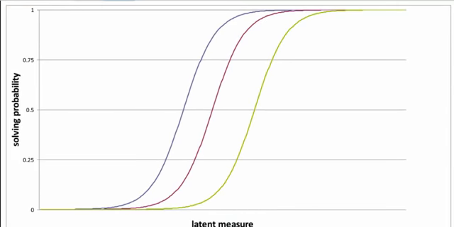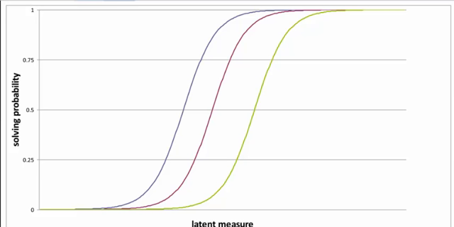And here is another way to describe different items. You can see the latent measure, or latent construct at the bottom axis, the x-axis, and the probability of endorsement on the y-axis, and the item number 1, green, number 2, burgundy, and number 3, blue.